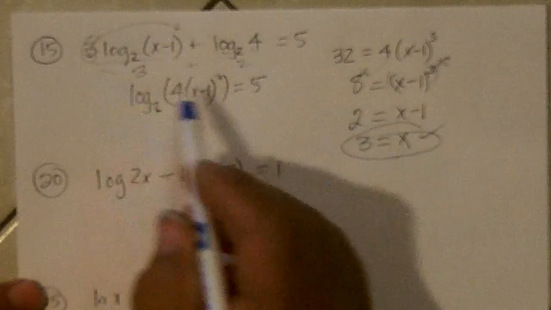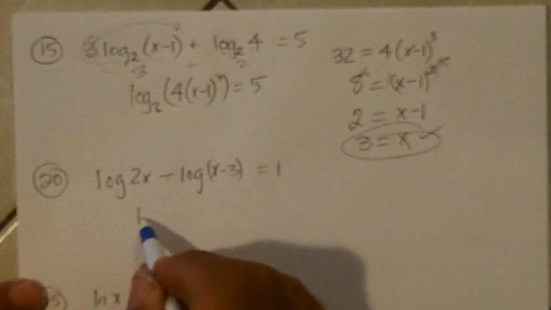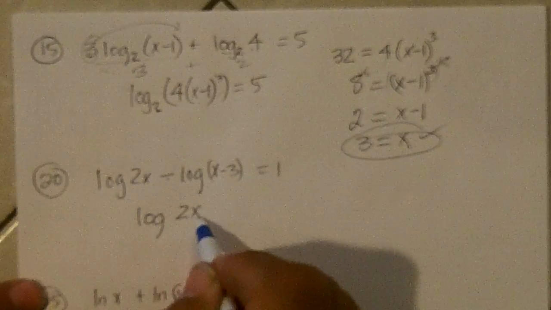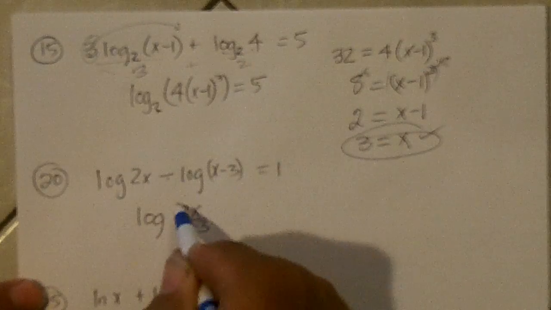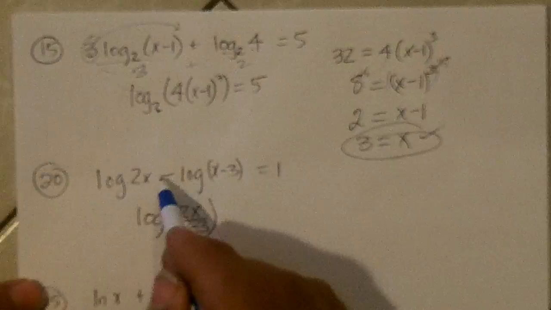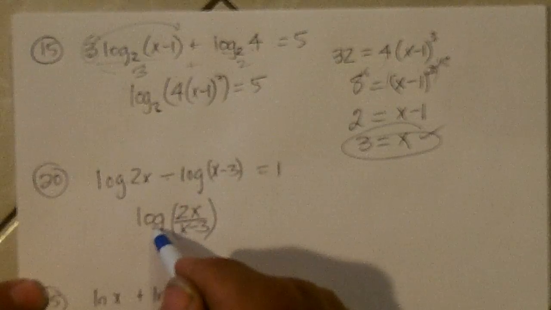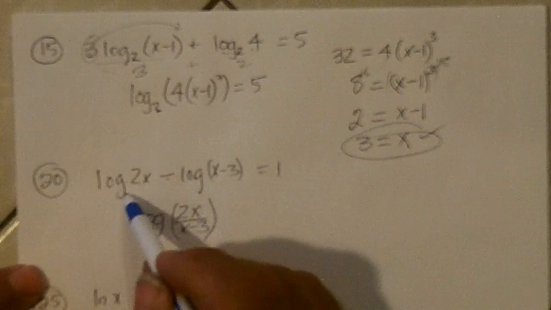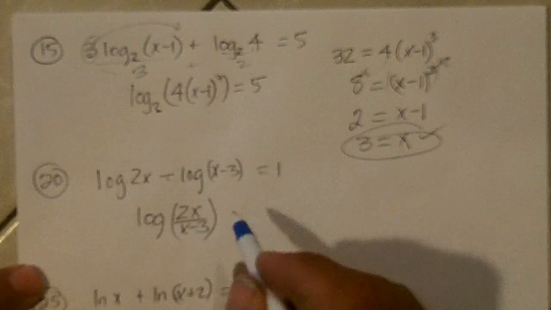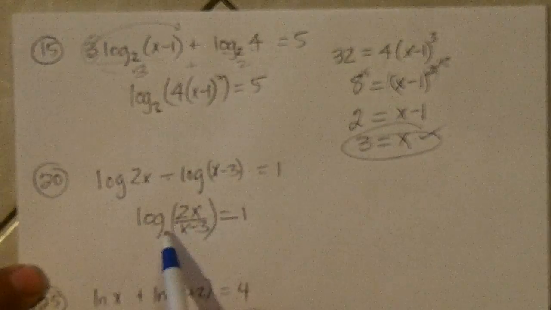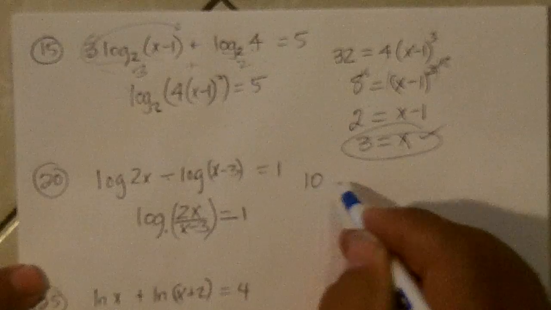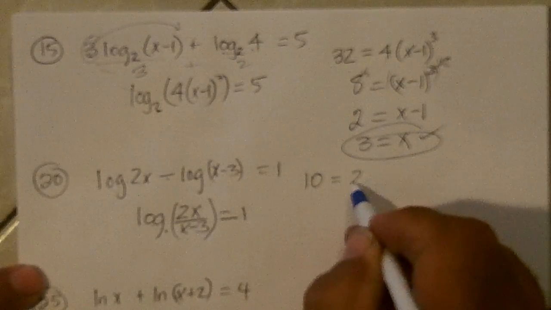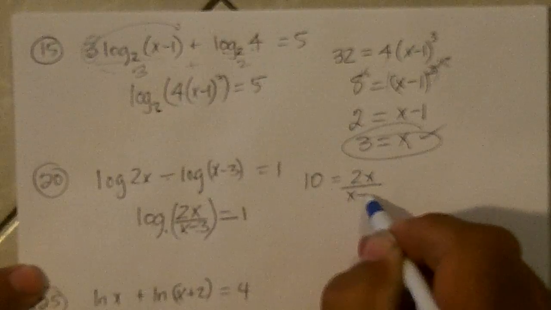Same kind of idea, but now we're doing a subtract, so that becomes the log of 2x over x minus 3. The difference of logs is the log of a quotient, equals 1. So 10 to the 1, which is 10, equals 2x over x minus 3.